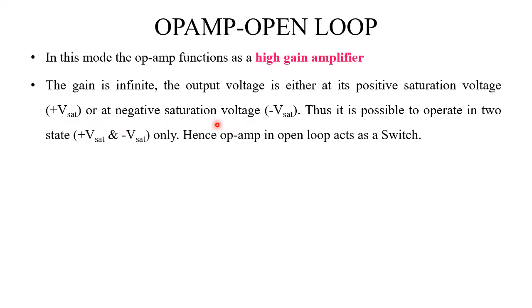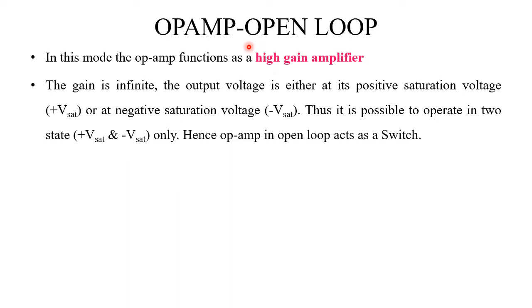Thus it can operate only in 2 states, either at positive V saturation or at negative V saturation. Therefore the operational amplifier in open loop acts like a switch, having only 2 states, an on state and an off state. That is why we call it a switch.